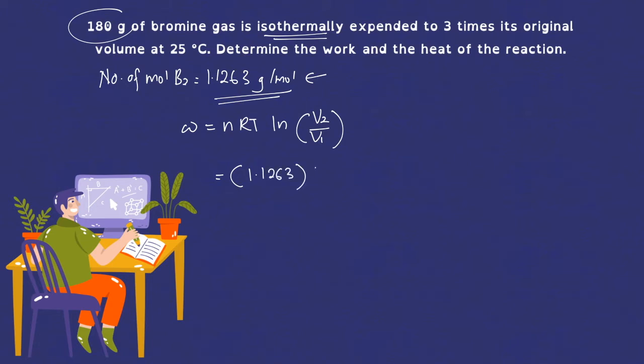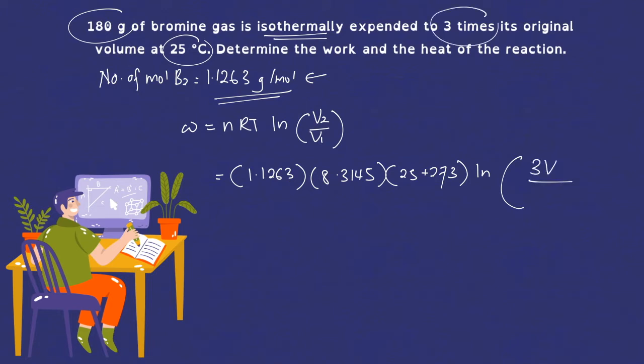Your R is the gas constant, which is 8.3145. And your T is 25 degrees Celsius, you need to plus 273 to convert it to Kelvin. So ln volume. V2 is 3 times original, so 3V. The original we consider as just V, or you might want to write 1V. That's fine also.